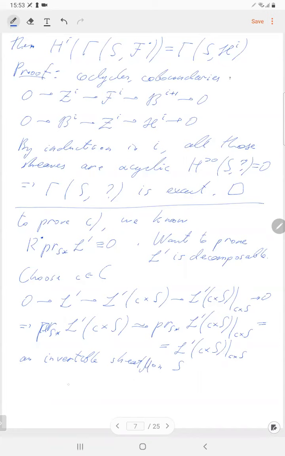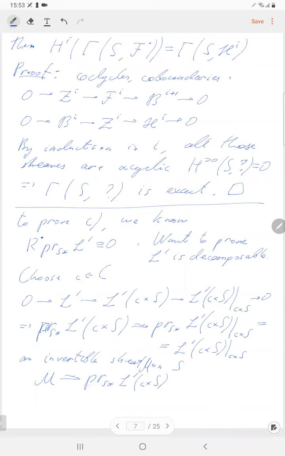And now we know that this M is isomorphic to the direct image. Well, let's invert this isomorphism. Like this. And now the push forward is adjoint to the pullback.